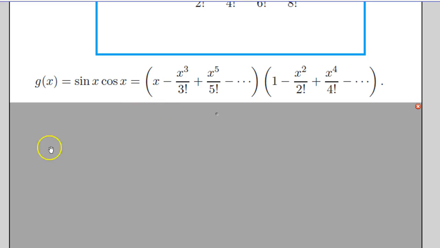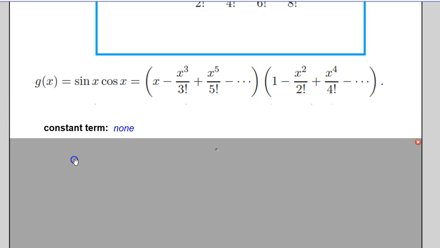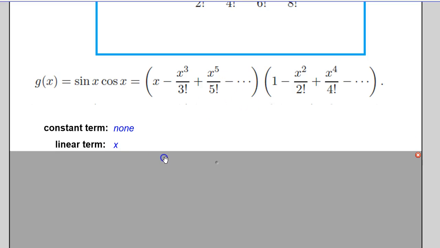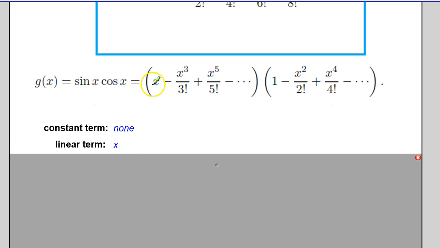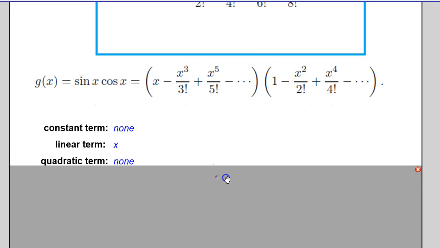Well, first of all, let's say the constant term: there is no constant term because x times 1 is the lowest power term of x. So we don't have a constant term. Our linear term, our x power, is just found by multiplying x times 1. We have no quadratic term because there's no x to the 1 term being multiplied by x to the 1 term.